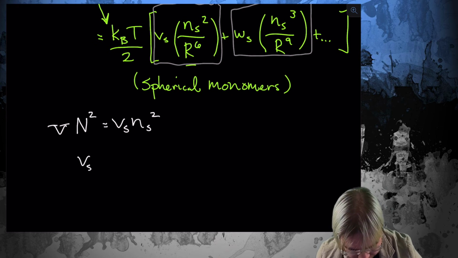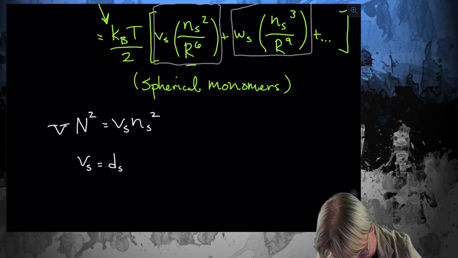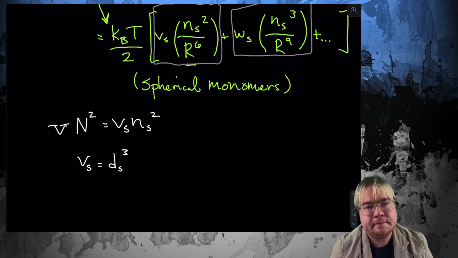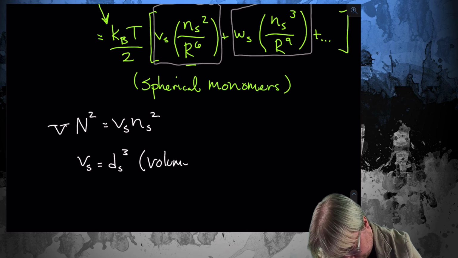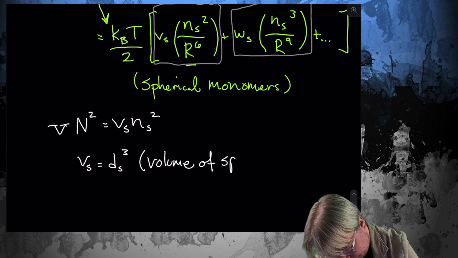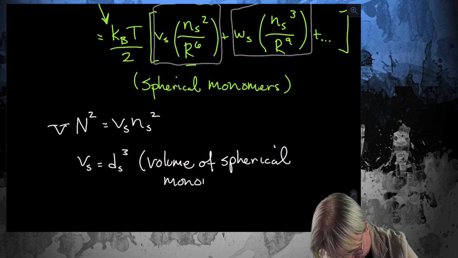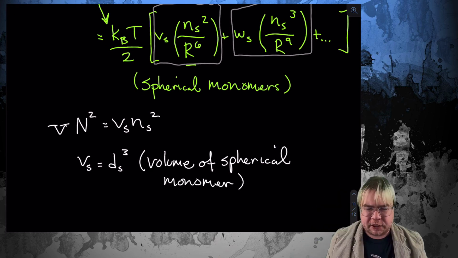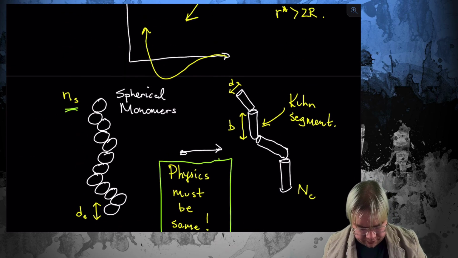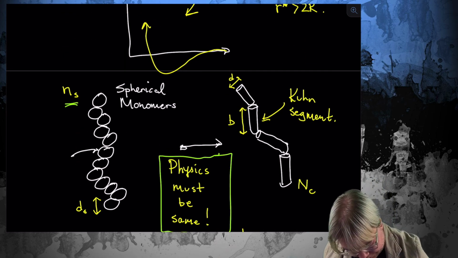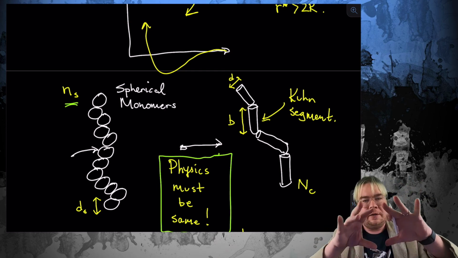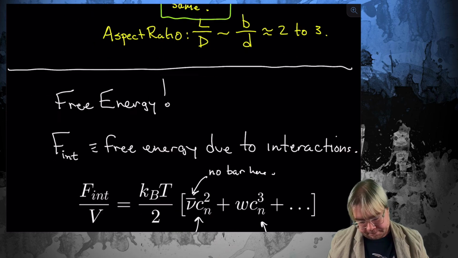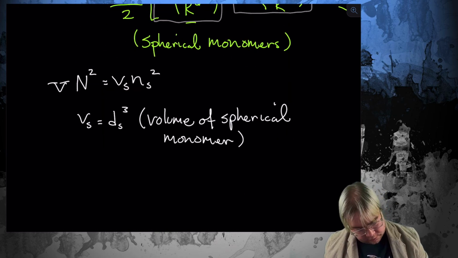Volume of the sphere is d cubed. So this is the volume of the spherical monomer, or its excluded volume, but in drawing it this way, this is assuming that that's the excluded volume, the spherical excluded volume of those monomers. All right. So that's that.